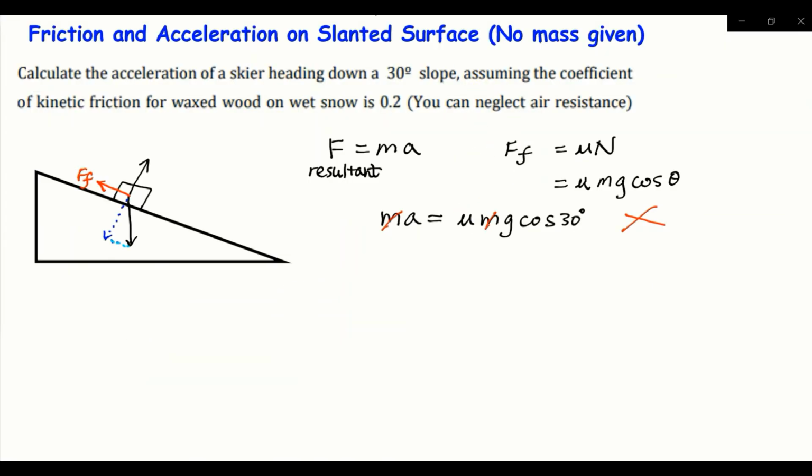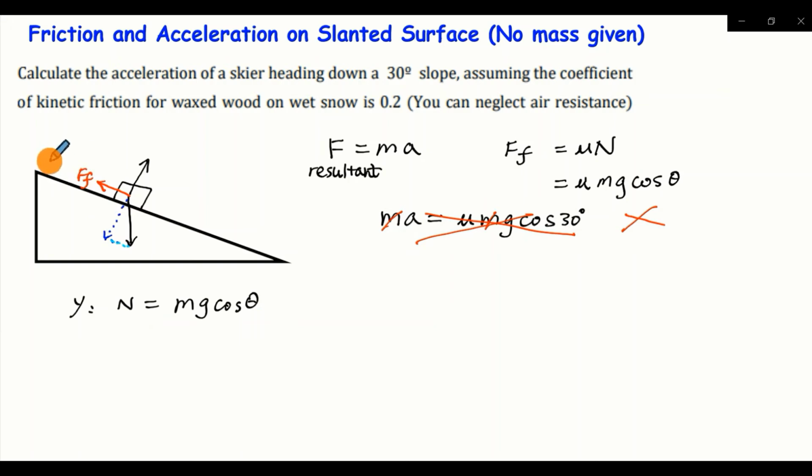So let's cross out this section and look at what we should write. On the y direction, your normal force and the blue arrow, the gravity component mg cosine theta, are balanced because the box is not flying off the surface, not sinking into the surface. That's where we can get our normal force from.